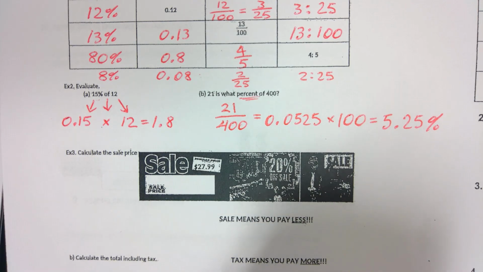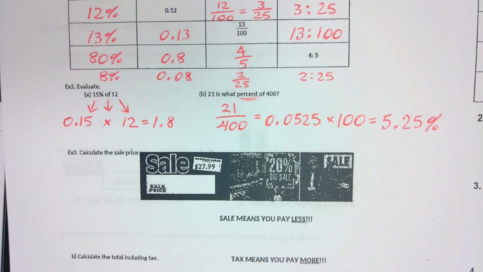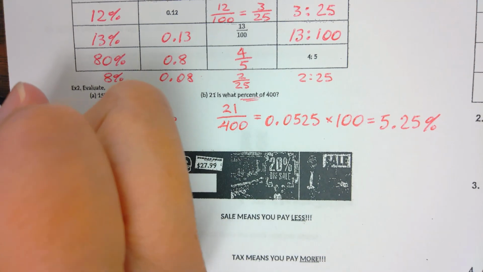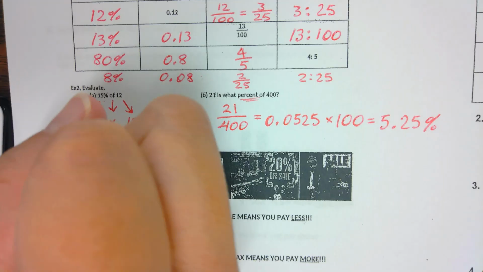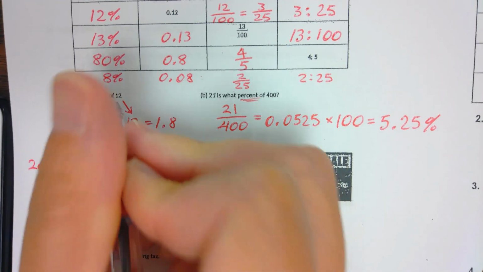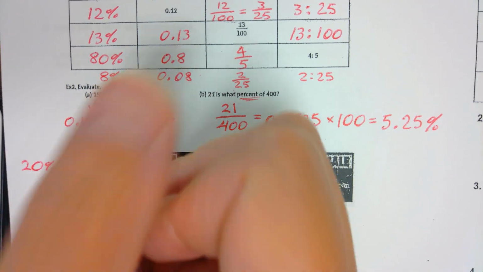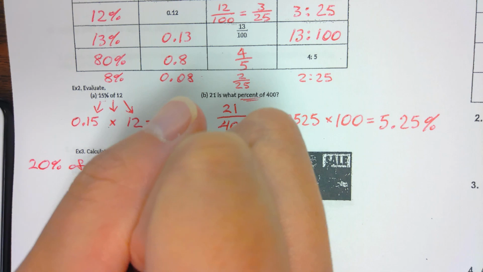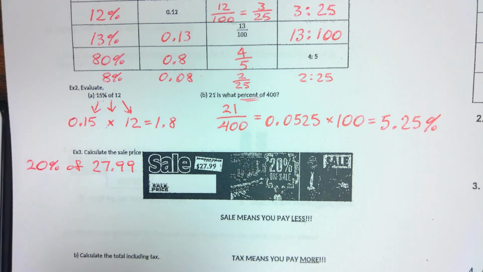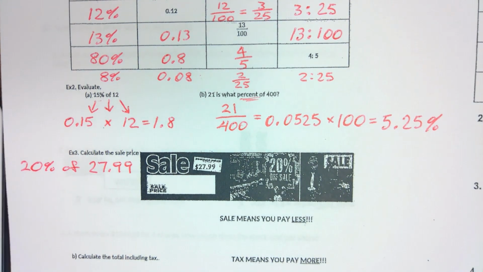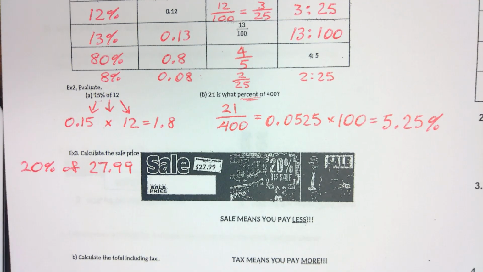Okay, so there are 2 different ways you can do this question. I'll show both ways. The first way: it's 20% off, so just like how we set up here, I can do 20% of $27.99. So 0.20 times $27.99.